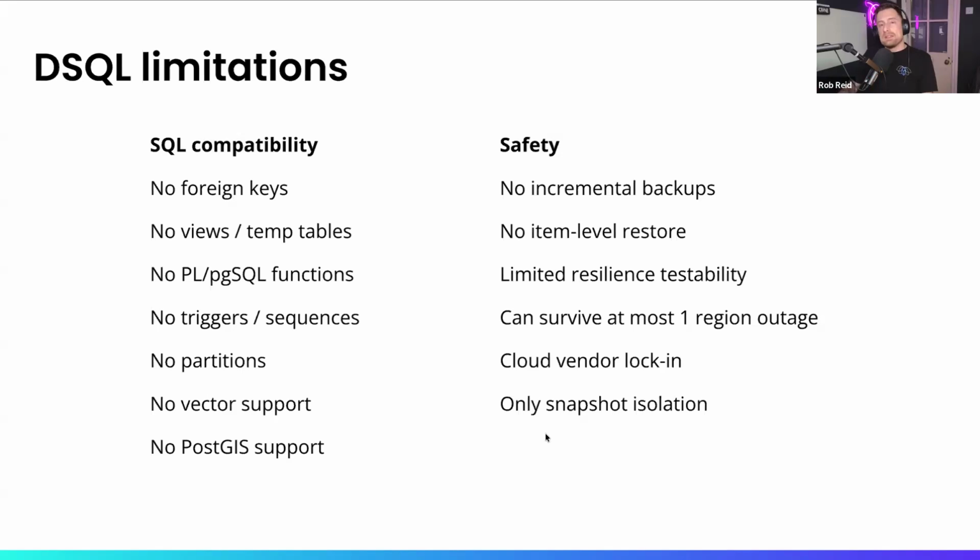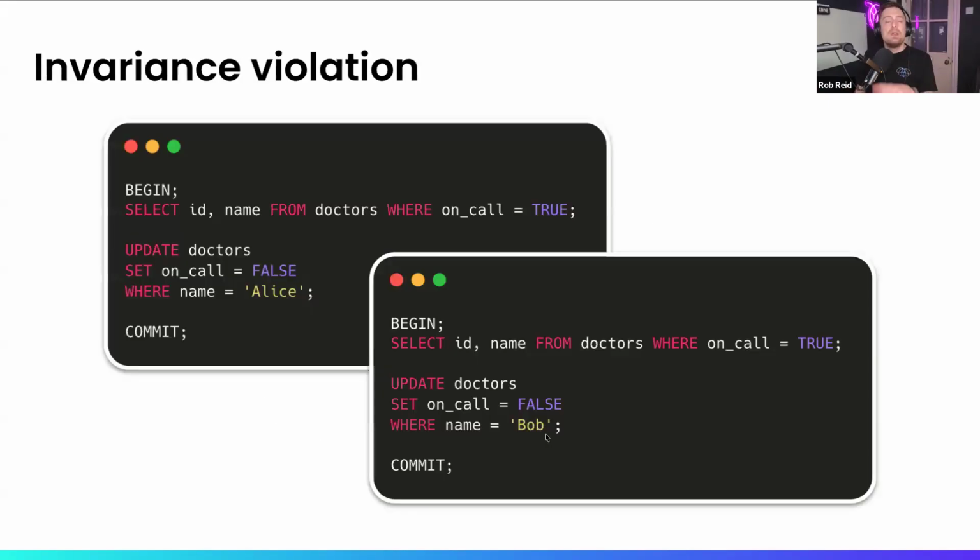It also only provides snapshot isolation, which, if you're not treating it as a serializable database, will be fine for your workloads. But if you are, you may run into some issues. One is the global invariant violation, which looks like this. This is the canonical example of invariant violation.